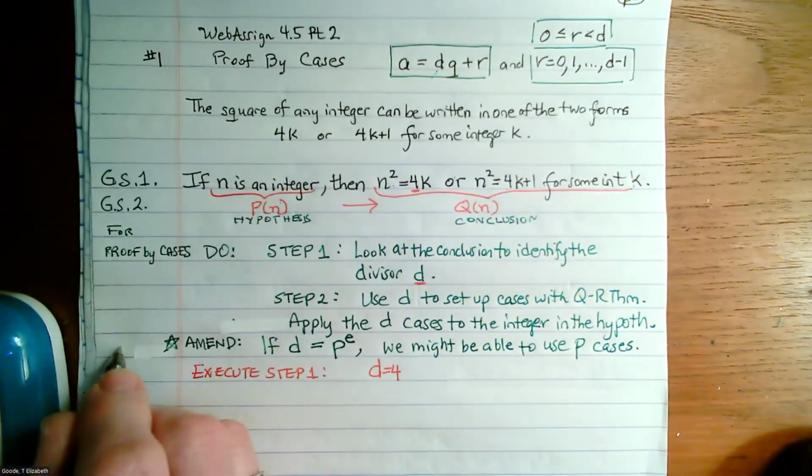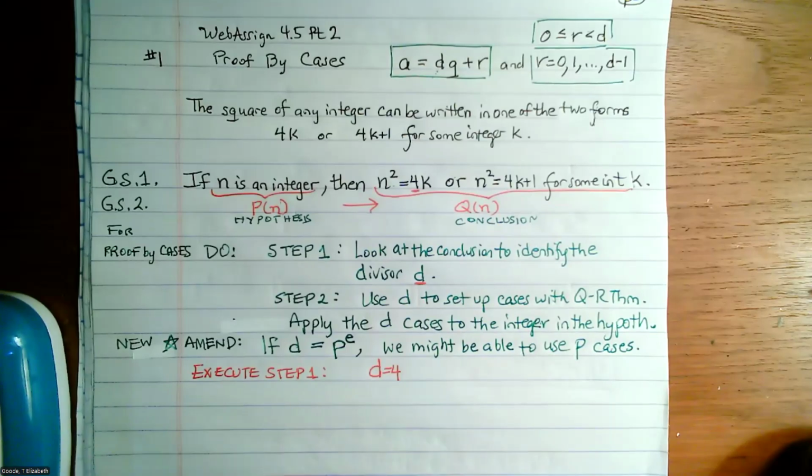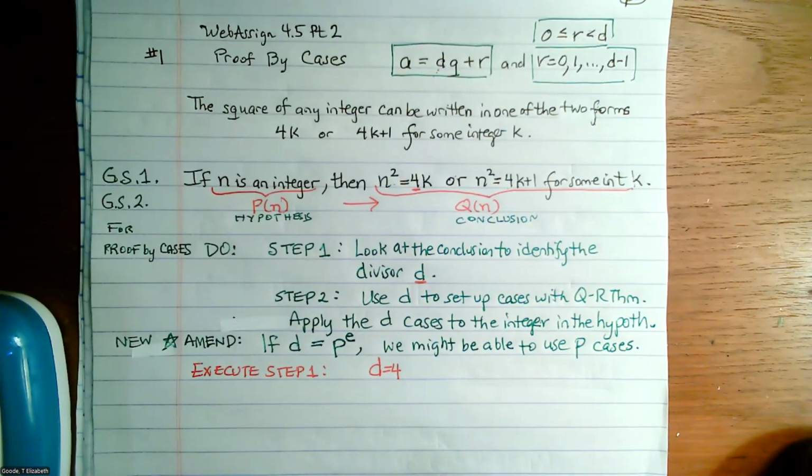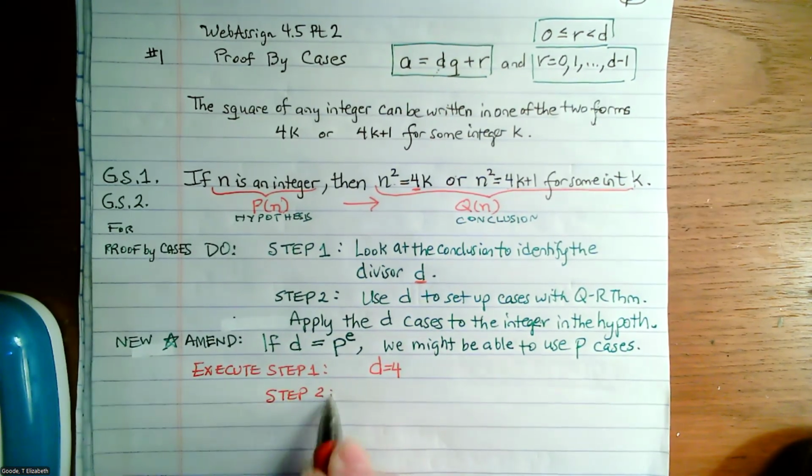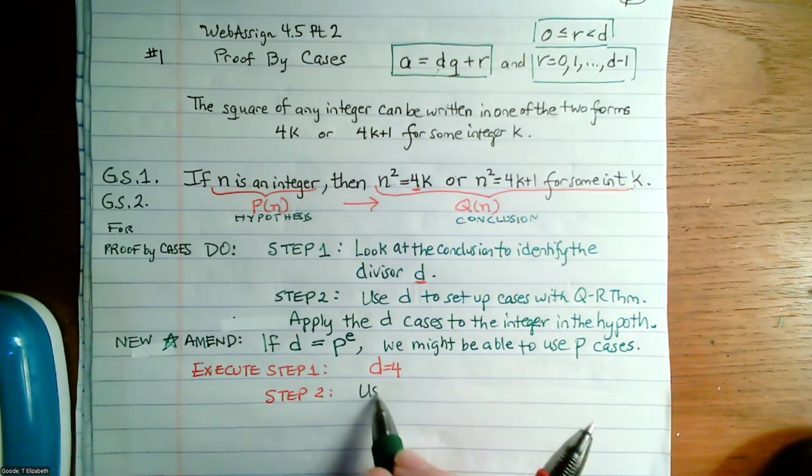So this is new. And because they're just asking you to rearrange the statements for that proof, and they set up the cases for you, notice we're going to use the amendment.